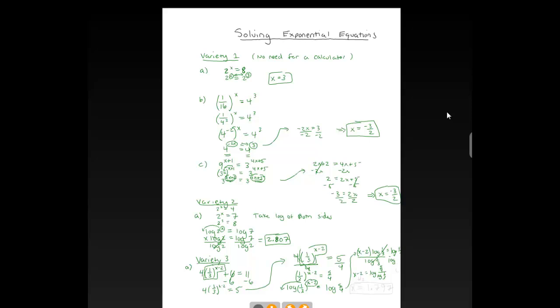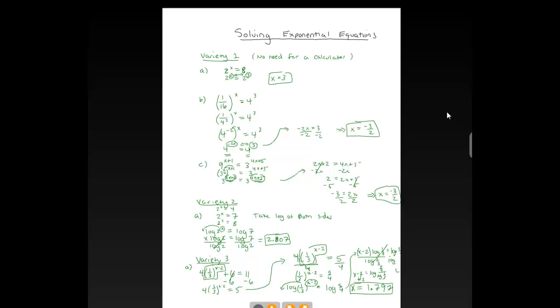At this point you can punch that into the calculator and then add 2 to both sides, or you can add 2 now and punch it all into the calculator at once. But in any event, we have to add 2 at some point. So I'll just add it in there. And when you punch it into the calculator, after all is said and done, I believe you get 1.6797.